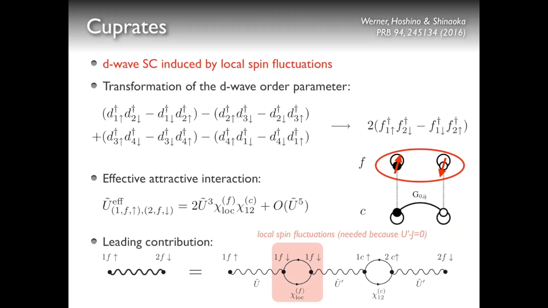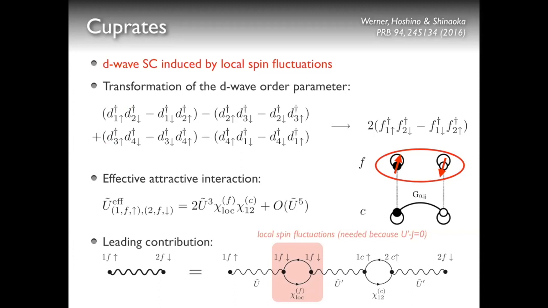Namely, let's take the d-wave order parameter on the plaquette and do this bonding, anti-bonding transformation. And then it translates into simple nearest neighbor singlet pairing of the antibonding orbitals as indicated by this red oval. And what we have to understand now is how enhanced local spin fluctuations induce an attractive interaction between nearest neighbor F spins with opposite orientation.